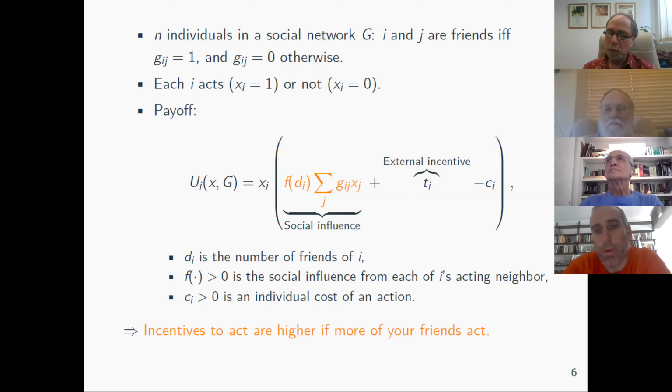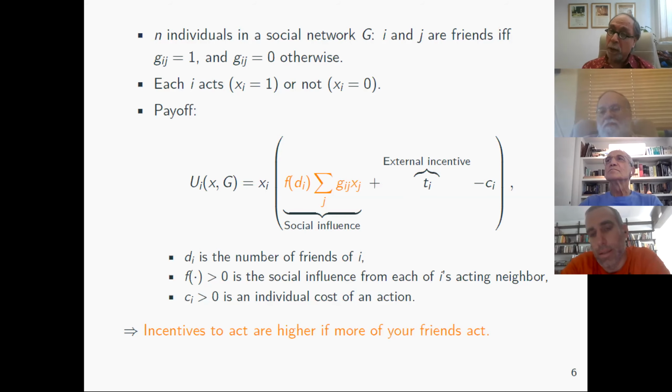Yeah, but what I'm thinking is that probably you would want to incentivize the hubs more. Okay, so that's exactly the kind of question that I'm going to ask. Yes, Shmuel. The multiplication by xi here, since it's 0, 1, means that if I don't take the action, I get 0, which means there are no externalities.